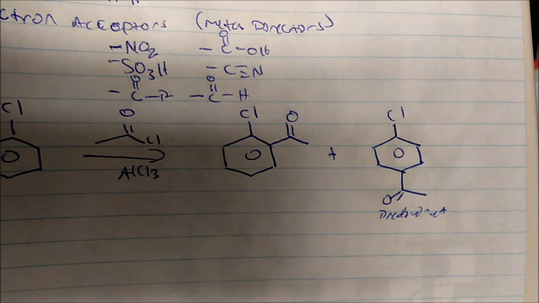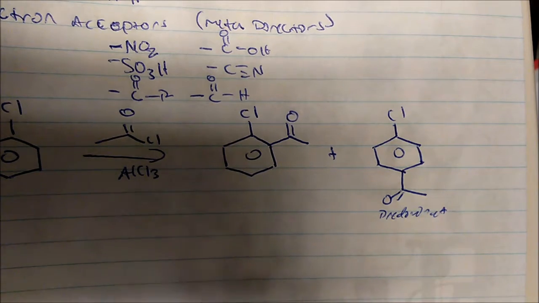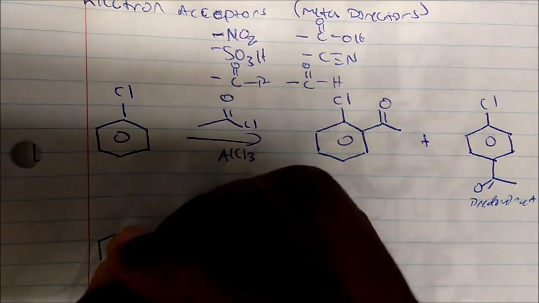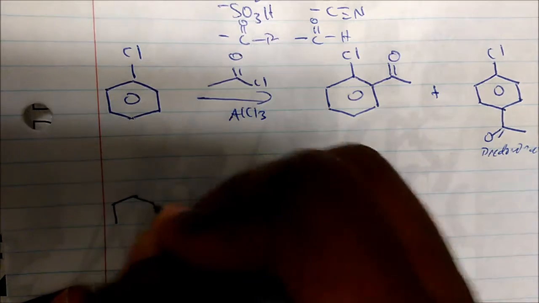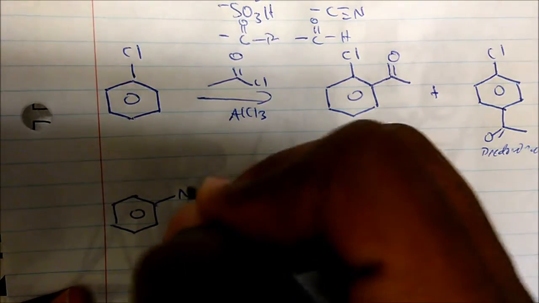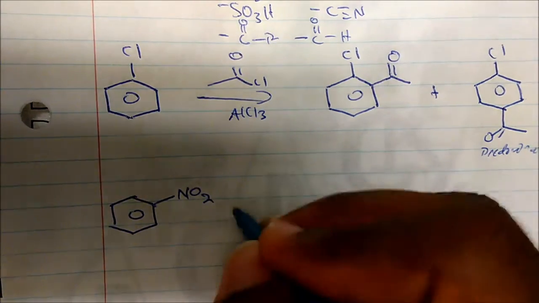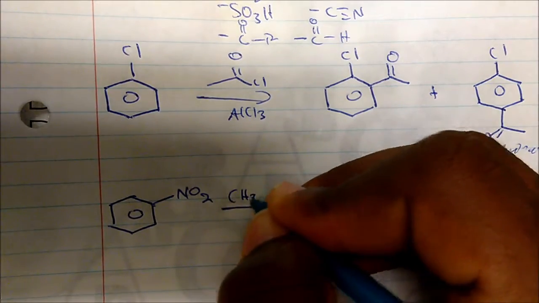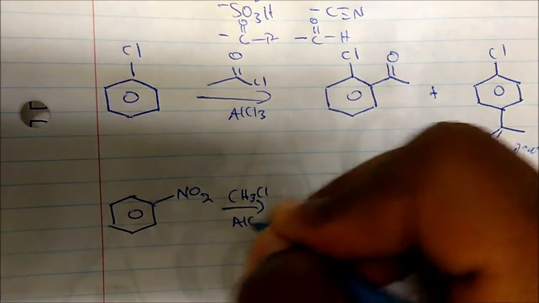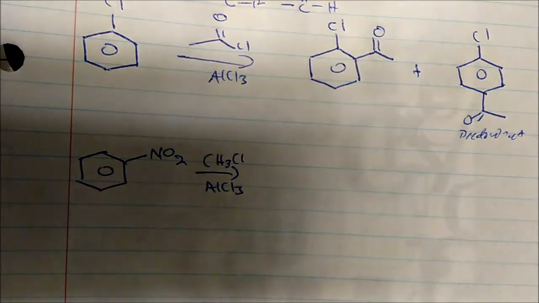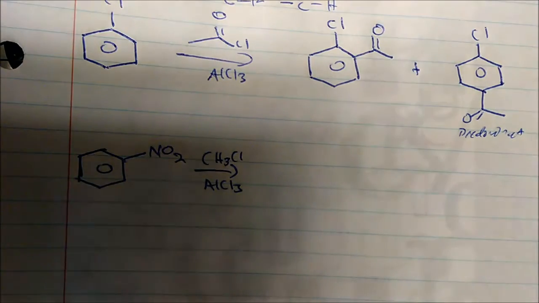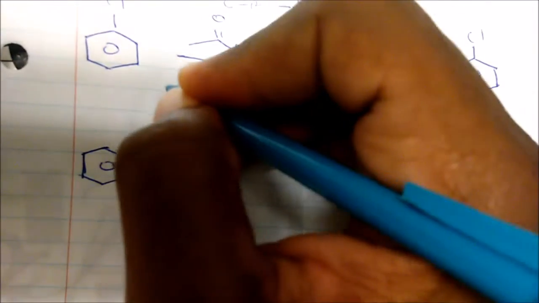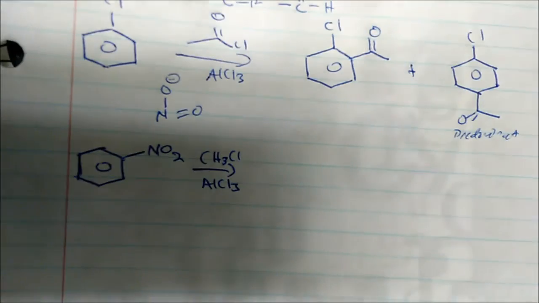Now what if I have this molecule here? This is nitrobenzene, and we decided to add CH3Cl and aluminum trichloride. What will happen? Well, NO2 looks something like this: nitrogen that has a double bond to oxygen, a single bond to oxygen, and a negative charge.